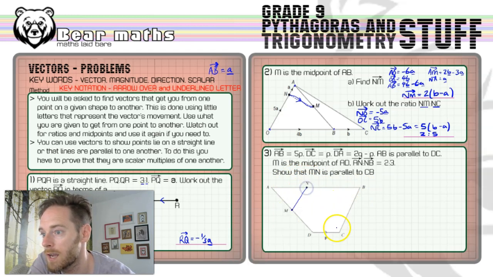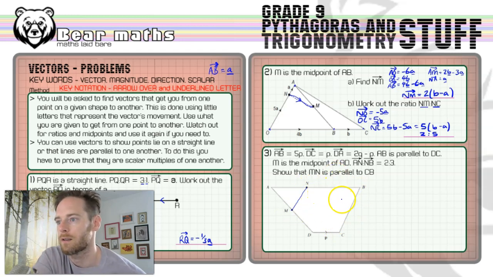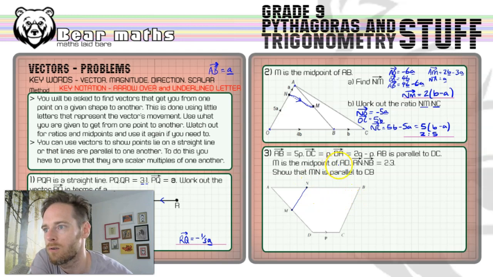So we're saying that that line there is parallel to this line there, and we've got to prove it using vectors, and we can do that using all this information we've been given. So we need to work out what M to N is. We also need to work out what C to B is. Now, we can get C to B easier than we can get M to N, so let's get C to B first. So C to B, arrow over the top, equals.